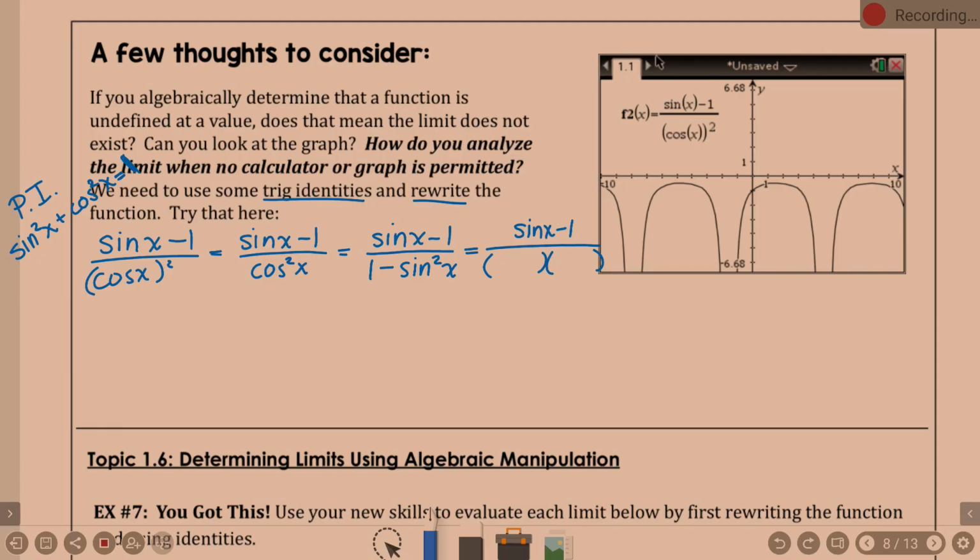Square root of 1, so 1 breaks into 1 times 1. Sine squared breaks into sine x times sine x, yes? And since it's the difference of squares, we need a plus and a minus. We're not quite there yet, but are we closer?